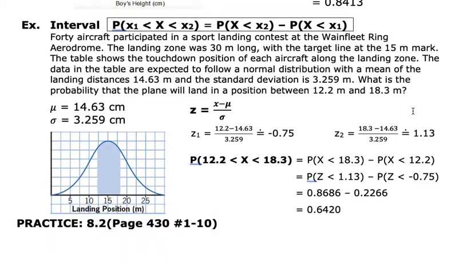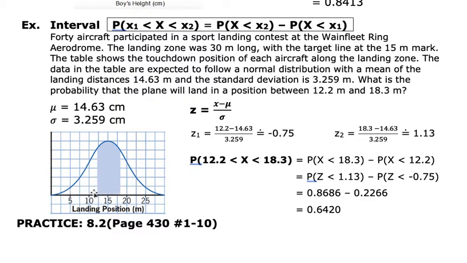Lastly, if there's an interval, we're looking for the space in between 2 points. What we can do then, if areas are measuring always to the left-hand side, what we can do is take the right endpoint. So we're looking here at the left endpoint, right endpoint. We want the area underneath the curve in an interval.